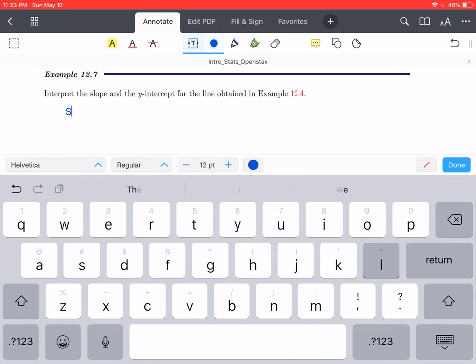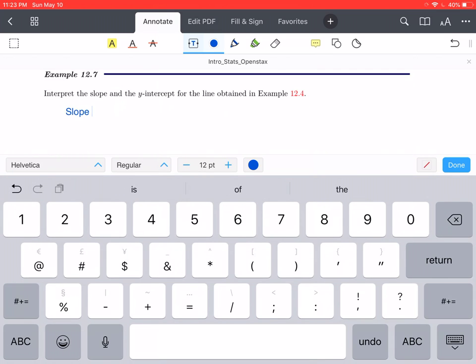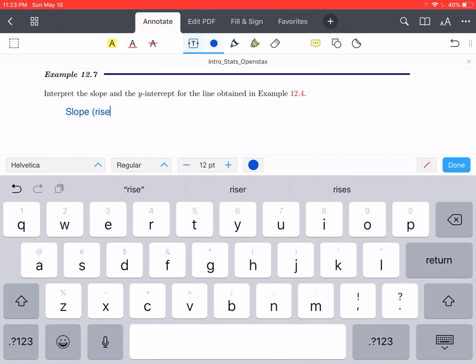So we would say the slope, which of course is calculated as rise over run, tells us how the data grows. So it tells us whether the data is positively related or negatively related, right? As one value increases, does the other value increase or decrease? And how quickly?